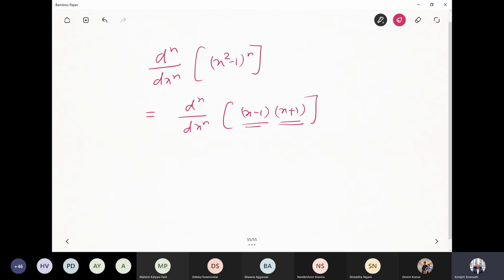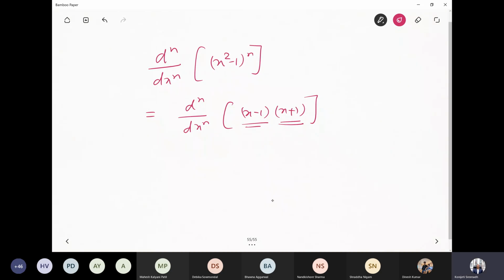When you write d by dx of fg, you are writing f prime g plus f g prime, right? Similarly, you write the second derivative of the product fg, then differentiate that form. Like that, you write the product formula for the nth derivative, and then see that it acts on one of them only.